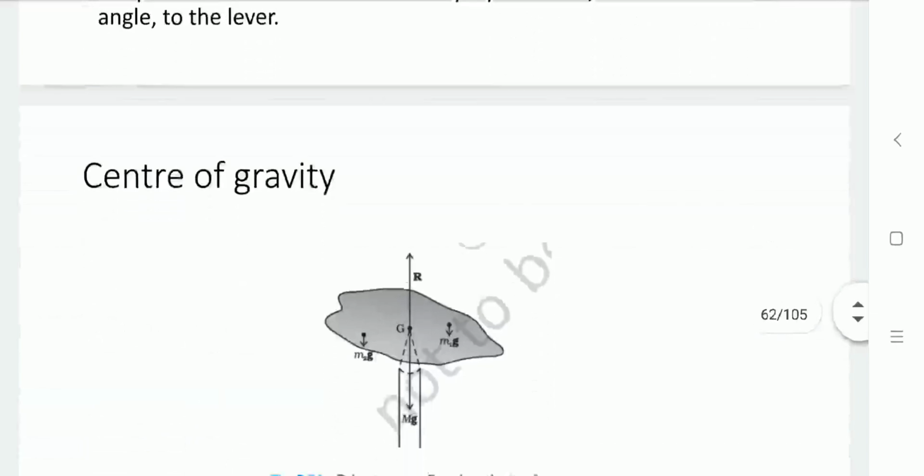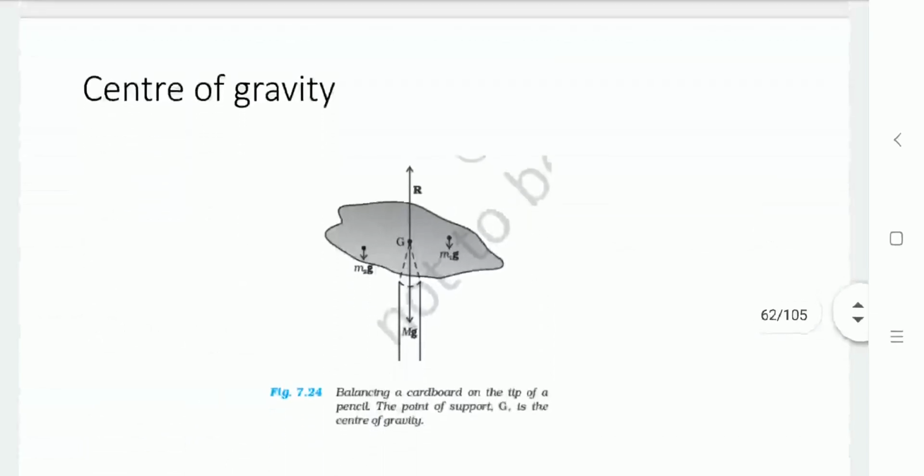Now let us understand another topic, center of gravity. Let us understand this with an example. Take an irregularly shaped cardboard placed on the tip of a pencil. Here the point of support at the tip of the pencil, G, defines the center of gravity. It is defined based on Mg, the force due to gravity, where g is the acceleration due to gravity, acting vertically downward.